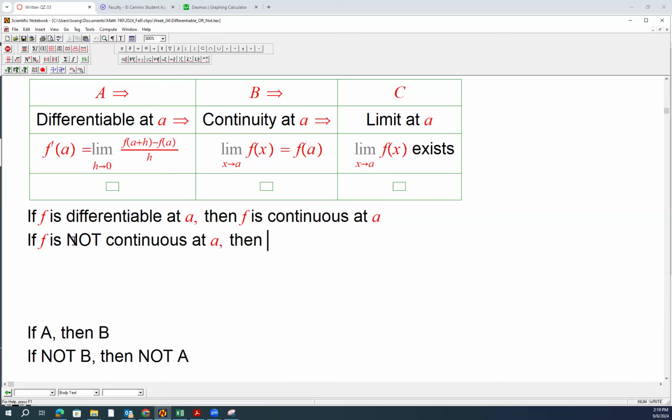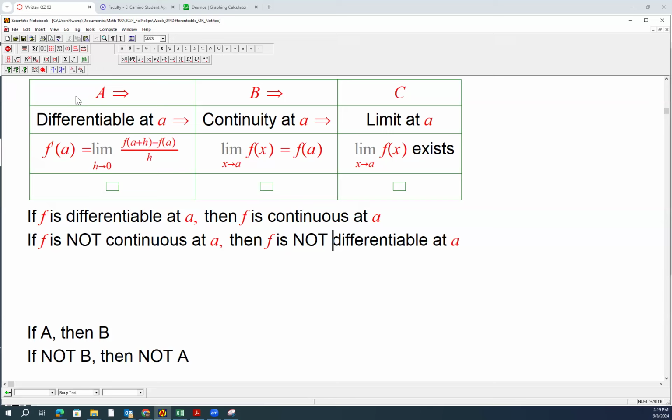Then not A. What is not A? Not differentiable. We put a not. I hope you get this logic. If f is not continuous, then it is not differentiable. So if we know a function is not continuous at A, then it is not differentiable.